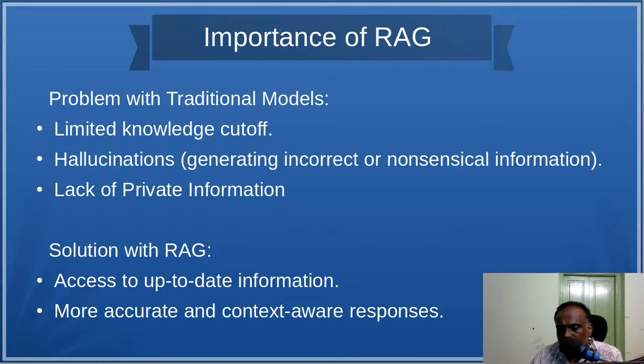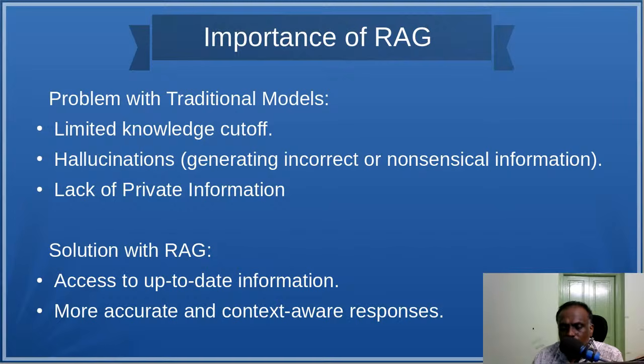These are three things, but if you closely monitor or do some deep analysis, you can understand that there is only one problem behind all of these, right? In case of the first one, limited knowledge cutoff, it's lack of the latest information, so ultimately lack of data. The next one is hallucinations.